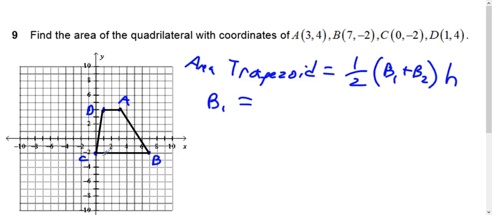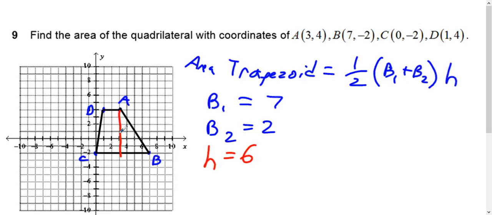So base 1, that's the bottom down here, that's CB. That has a length of 7. Base 2, that's the top side, DA, that has a length of 2. And then the height, we just measure straight up from the bottom to the top. That has a height of 6.